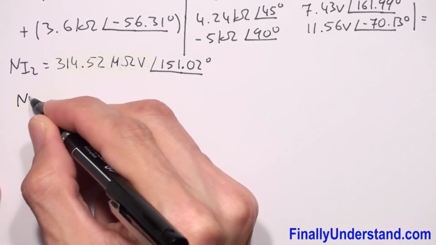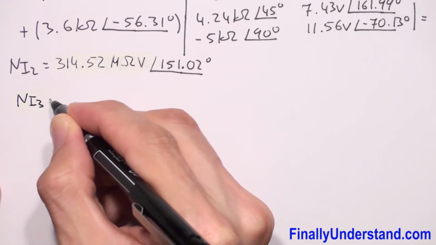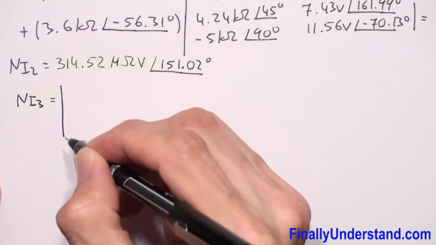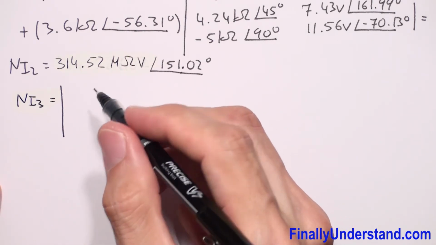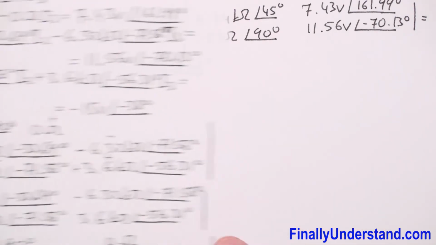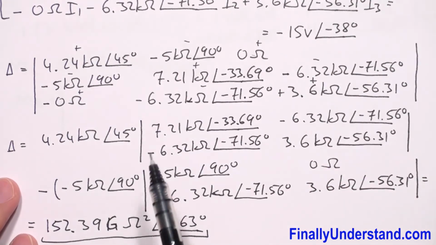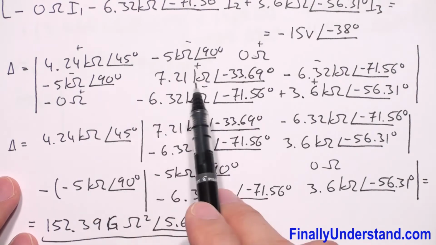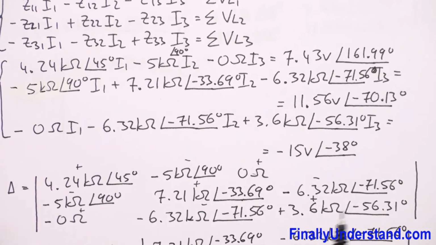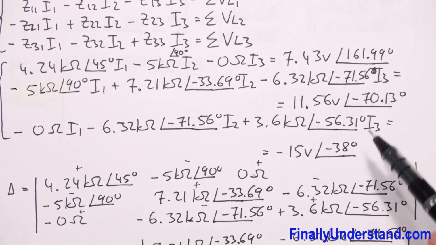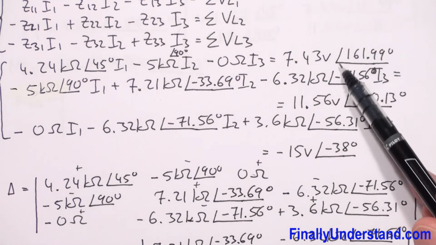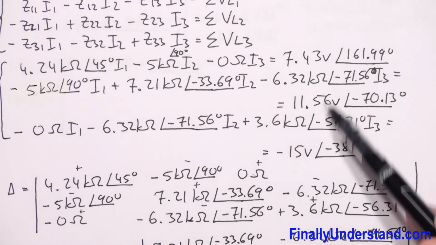Now we're supposed to find Ni3. So if Ni3 is equal, I'm supposed to copy down the first two columns from my delta. So I'm going to copy down these two columns, and the third column I'm going to replace by the voltages.